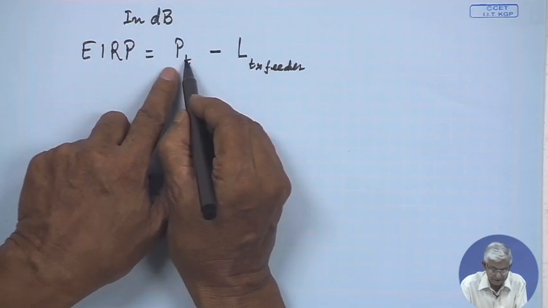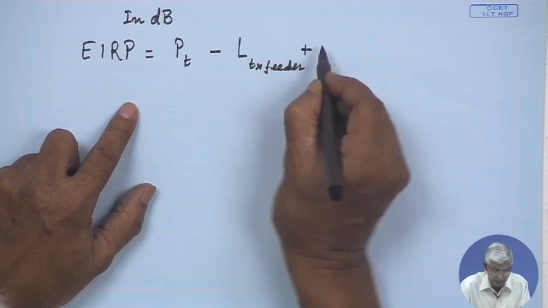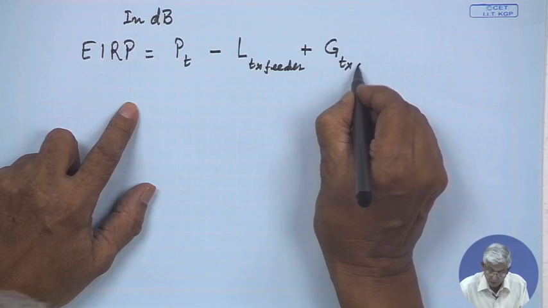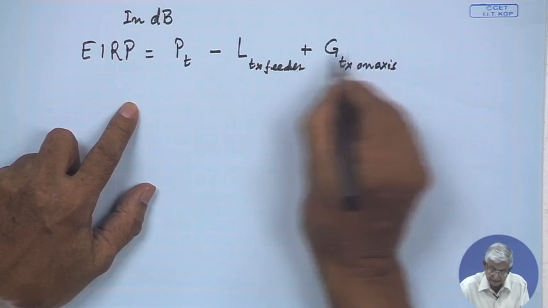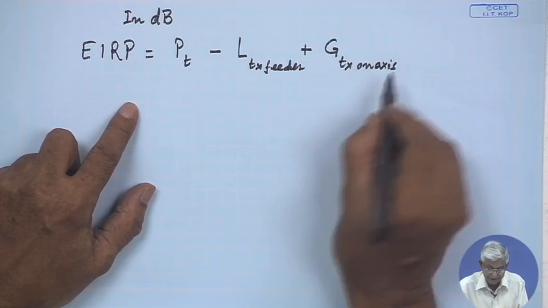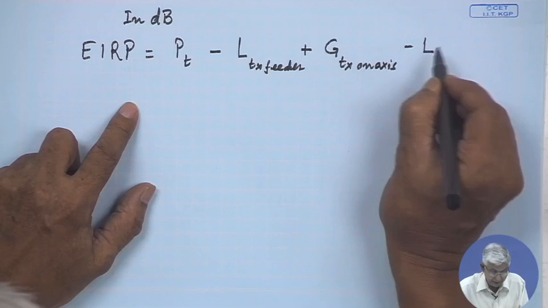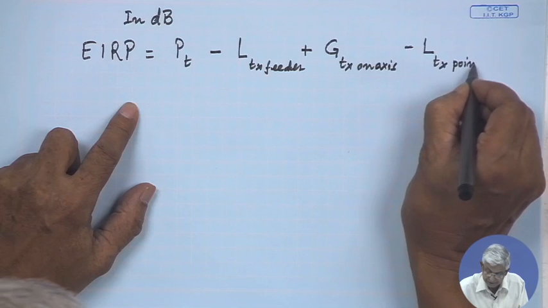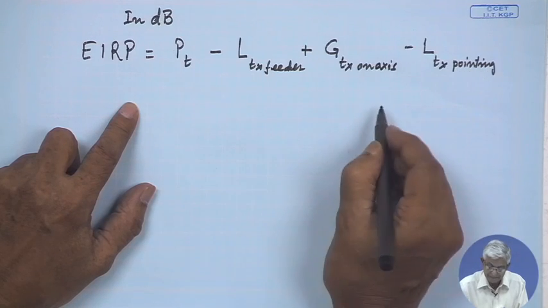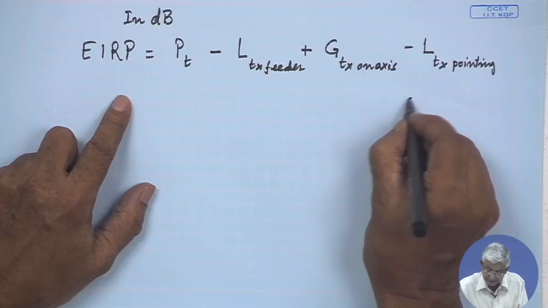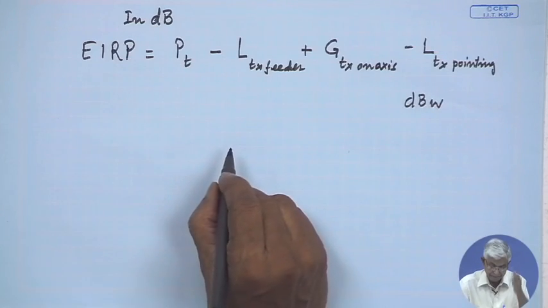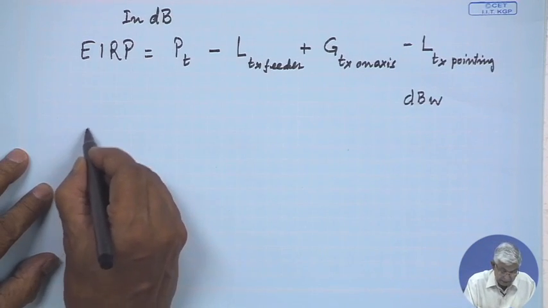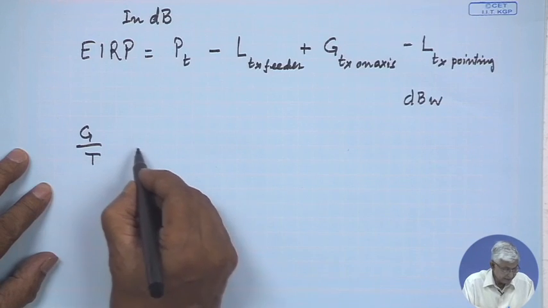So, the actual power will be reduced from this, and then the G, that is the transmit antenna gain on axis or boresight, that is in the maximum direction on line, and of course, it is reduced by the transmit pointing or mispointing, I should say. So, this unit is dBW, that characterizes the transmit side.